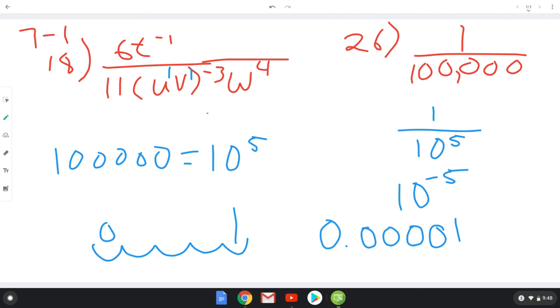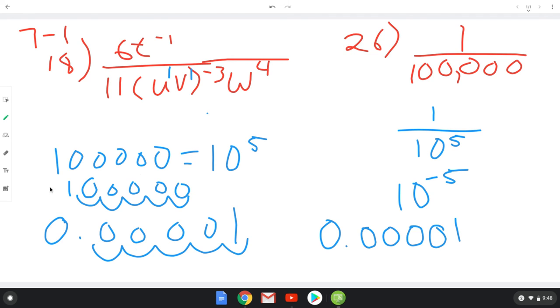So that's 4 zeros. And that moving the decimal thing works with this as well, right? Because this is 1, 1, 2, 3, 4, 5. And then I have 5 zeros.